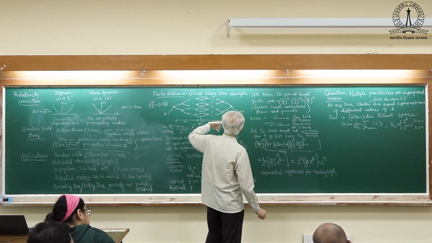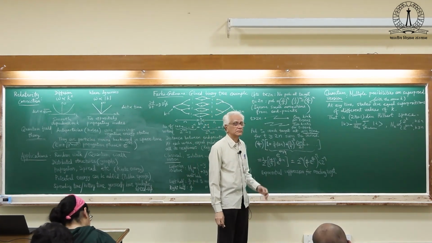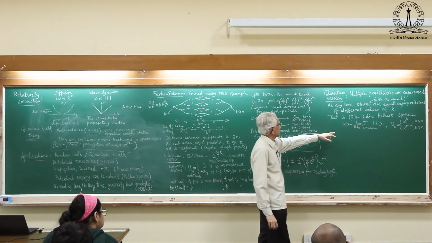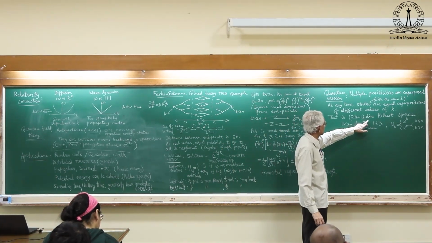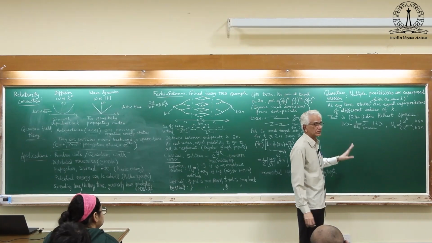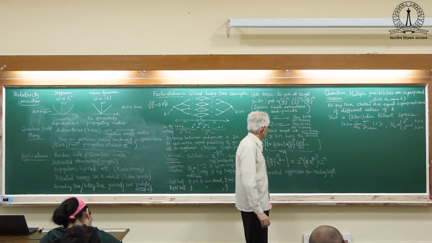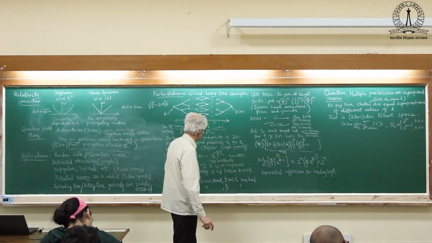How many points are there in that particular column? And all the evolution is going to occur among these particular states. So now we do the same exercise.